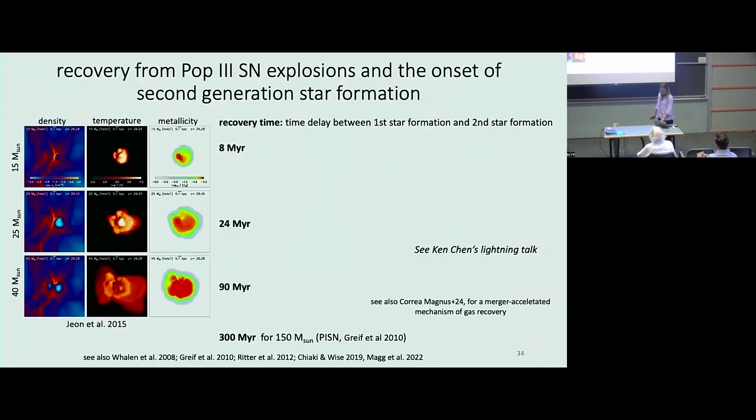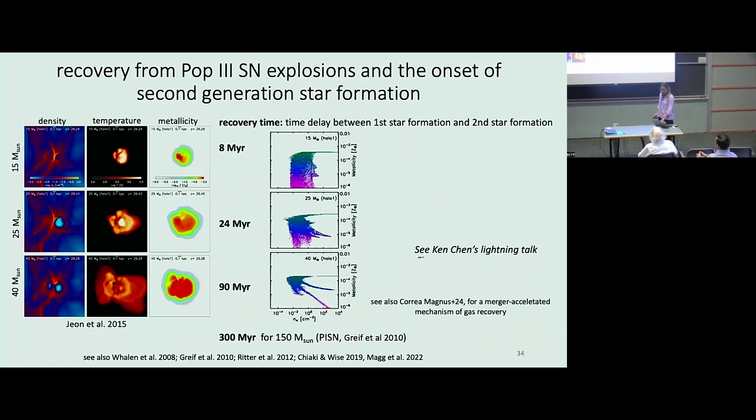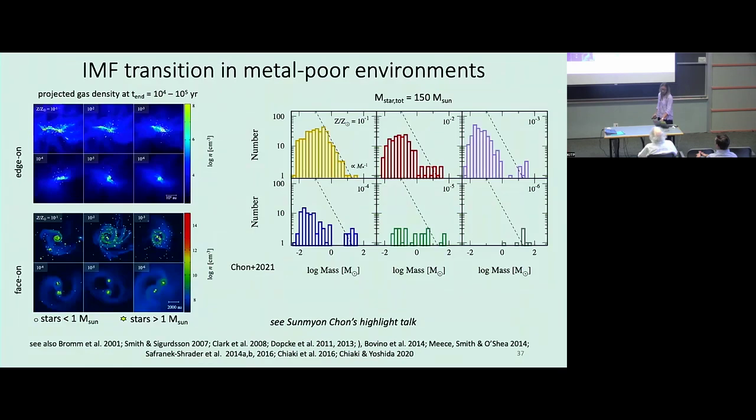And of course, when we have the explosion of the first Pop III supernovae, this sets the stage for the second generation star forming regions. And of course, we have simulations that have tried to capture the nature of these second generation stars. I think that we will hear more on this in Ken's talk and also in Sumyon's talk.